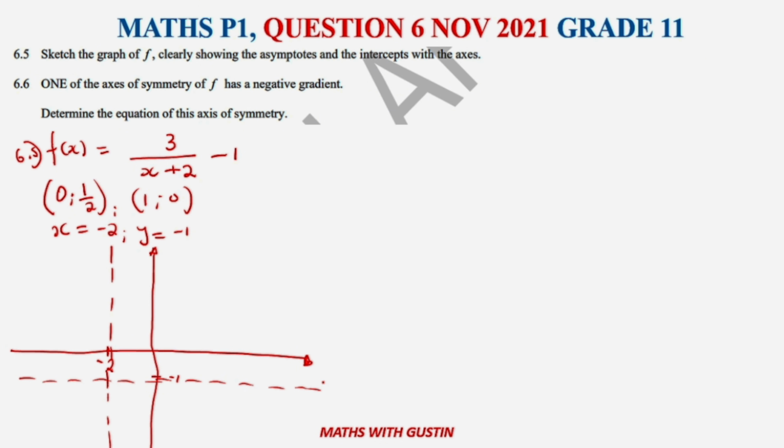Right, now I think let's sketch the graph. Okay, let's have a look at the y-intercept. Let's assume that this is 1 here. So the y-intercept would be there, which is a half. And therefore, our x-intercept would be 1. 1 is there. There you go.